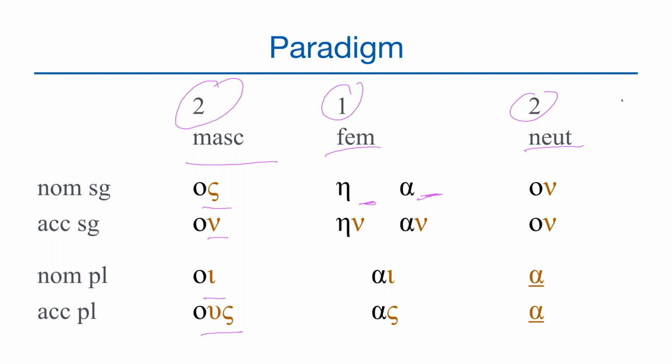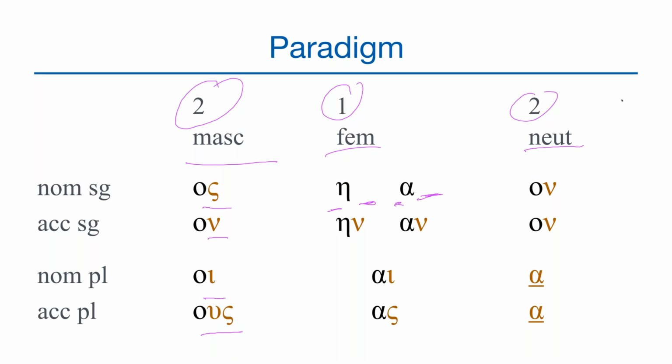All right. Now, I want to help you cheat a little bit. An eta or an alpha, both of those in the nominative singular do not have a case ending. It's just the stem. And I'll show you that in a minute.